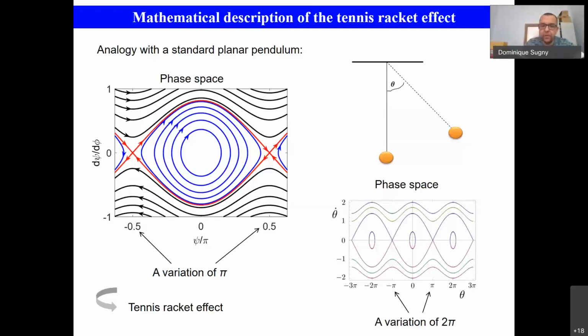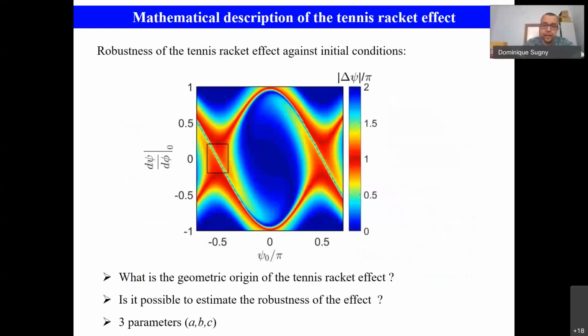So now we can make some numerical simulations to have a very general and global idea of the robustness of this effect. This picture summarizes this description. Here, I plot in this phase space, for each initial condition, given by psi 0 and this derivative, the twist that we can observe.